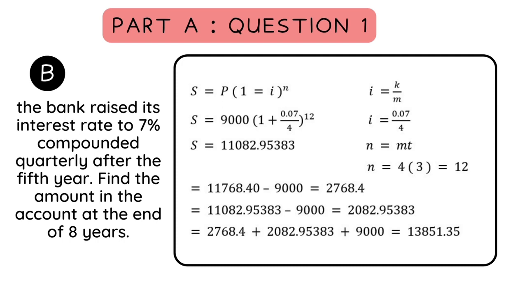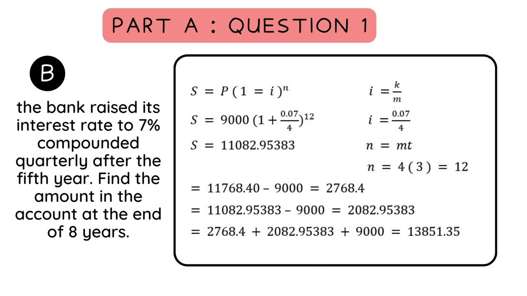So the calculation is S equals 9,000 open bracket 1 plus 0.07 per 4 close bracket to the power of 12, and the answer for S is 11082.95383. So we need to find the amount in the account at the end of 8 years.